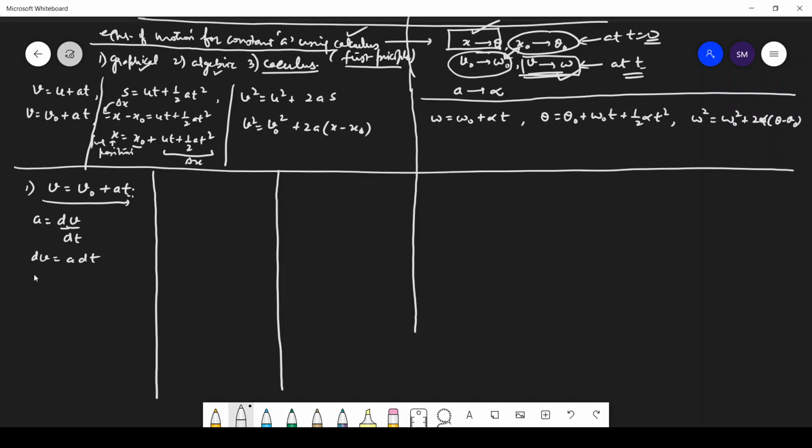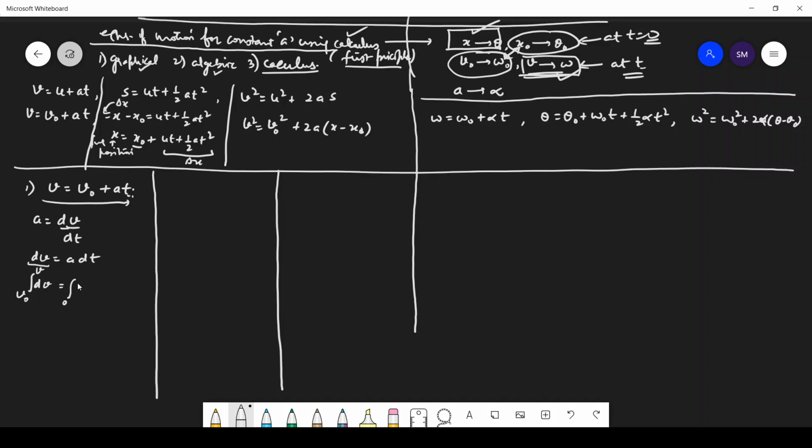Integrating with limits, I am adding up the whole change in velocity. The velocity started with v naught as the initial velocity and v is the final velocity. So I got the whole velocity change. Here it was at a particular instant, the instantaneous acceleration.